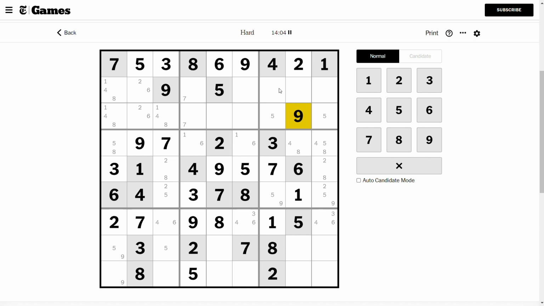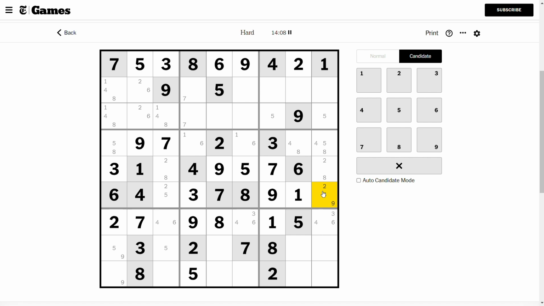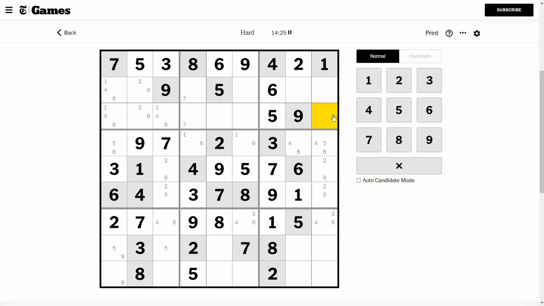So in column 7, the digit 9 is forced into this cell. Then up here, 5 and 6 are the missing digits of column 7, but this cell sees 5. So I can place these two digits like so. And then 3, 7, and 8 are the missing digits that make up block 3.